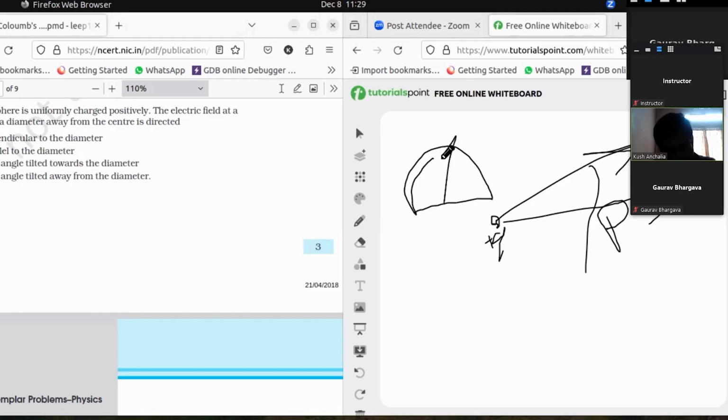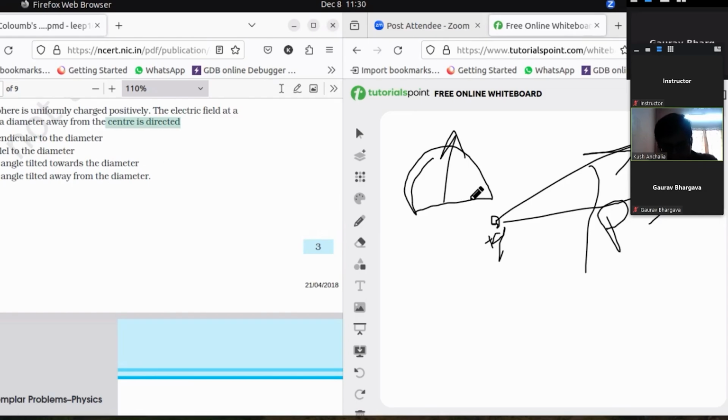So it will be perpendicular to the diameter. Yes, it is perpendicular to the diameter, at a point on the diameter away from the center.